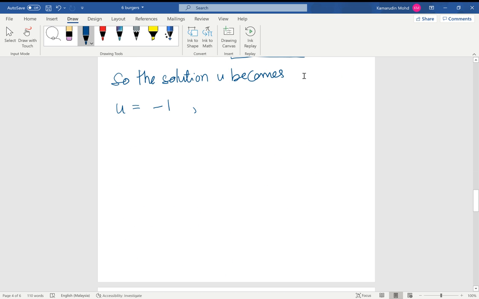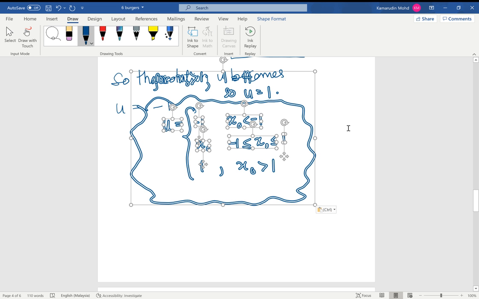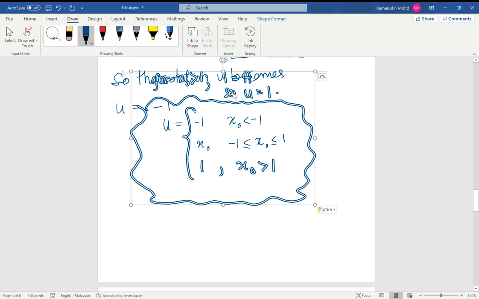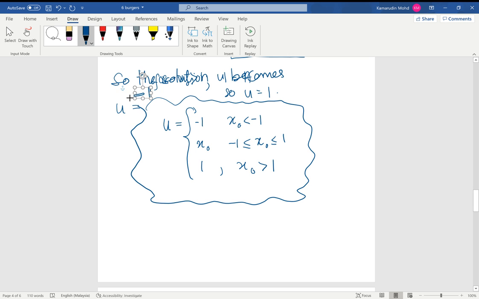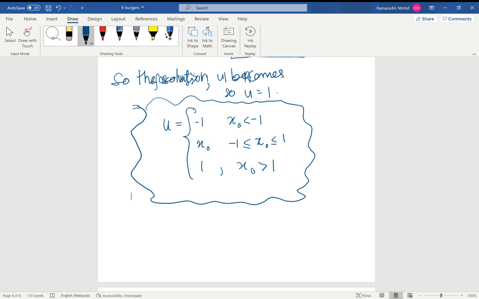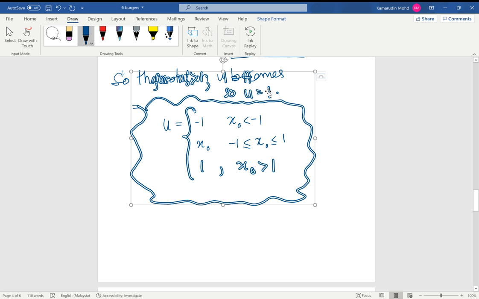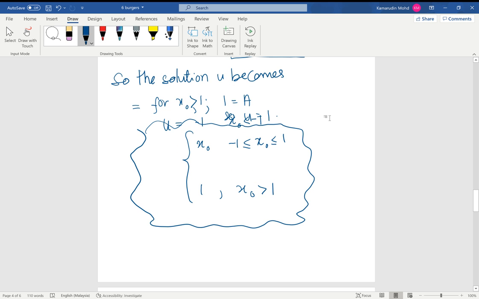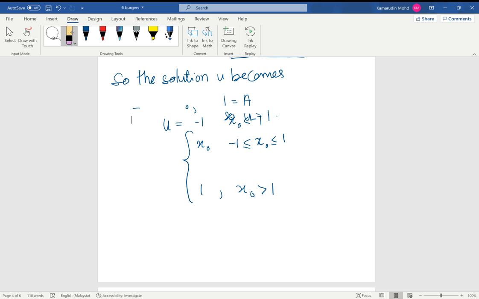What we do here is we replace from the one that we have earlier. This is the one that we obtained earlier. Forget about this.